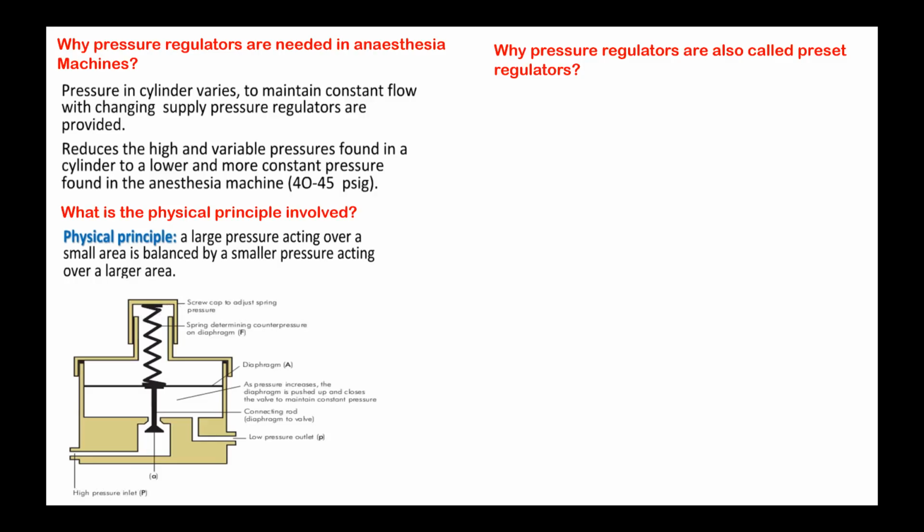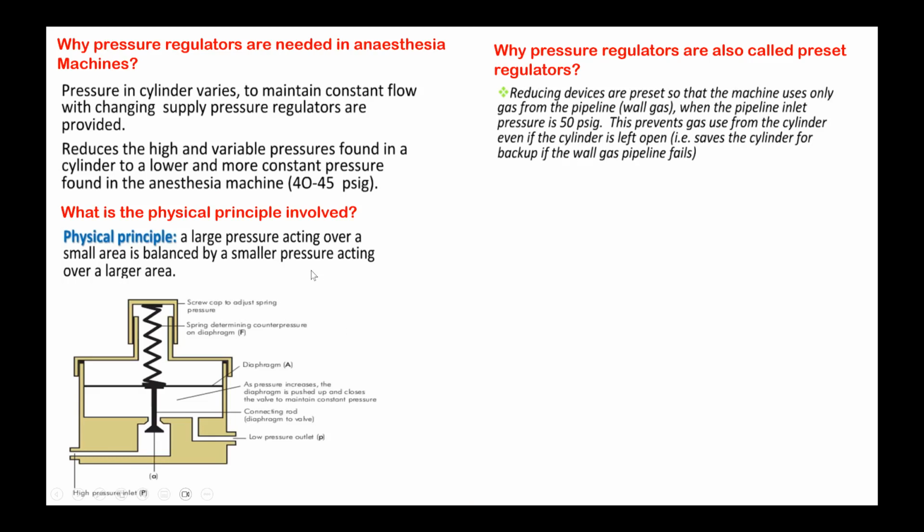But that hassle has been removed now, and the manufacturers themselves decide and deliver the pressure at a particular level. So the name has been changed from pressure regulators to preset regulators, which deliver the gases at a particular safe level. And the cylinders fitted to the machine should always be kept closed when not in use.